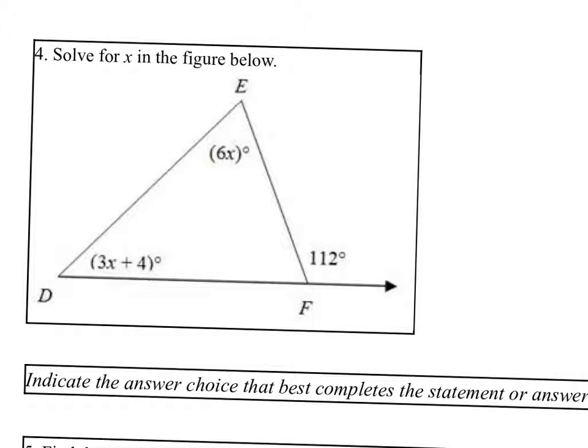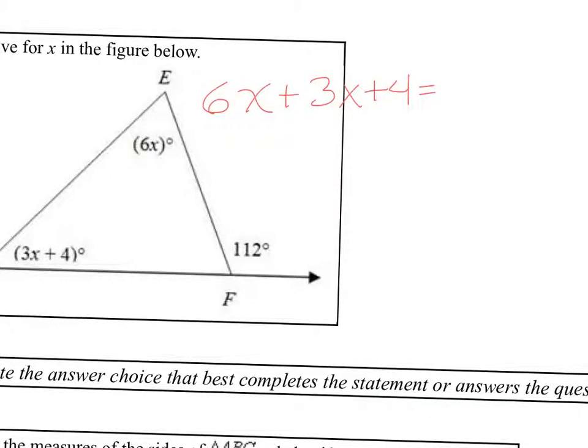That's right. 6x plus 3x plus 4 equals 112. That is right, Marco. You add those two angles and that equals the outside angle. So that would be 9x plus 4 equals 112.